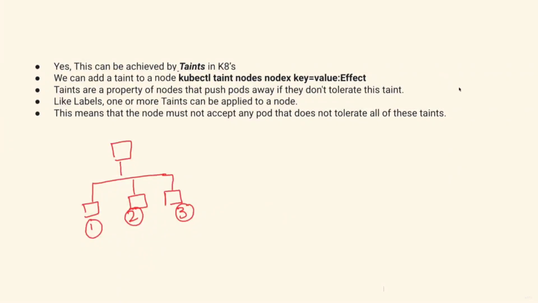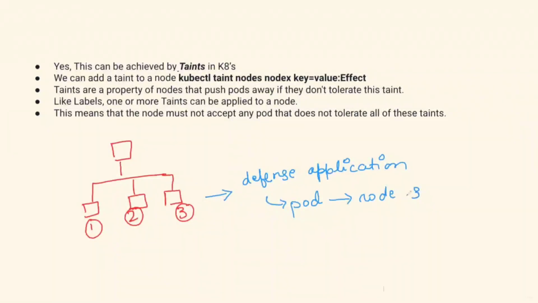In this particular given scenario, let us assume that in node 3, we want to run only defense applications, okay? Now, when we launch this application, the pods should get provisioned only on node 3. This is our use case. Only on node 3, all these defense application pods should be provisioned. How can we do that?